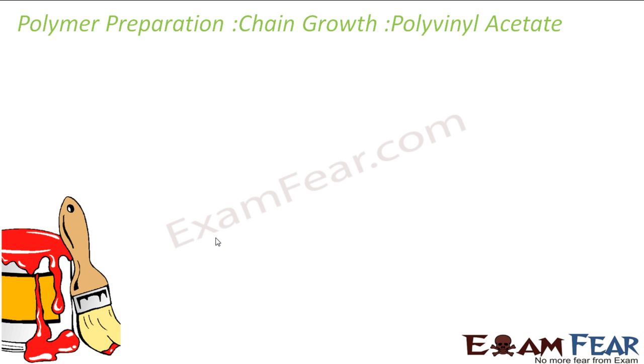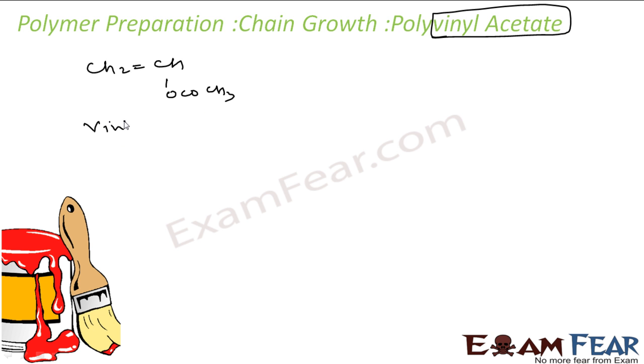Okay. The next is polyvinyl acetate. As the name suggests, it is formed from a monomer called vinyl acetate. So vinyl acetate is CH2=CH-OCO-CH3. This is vinyl acetate.